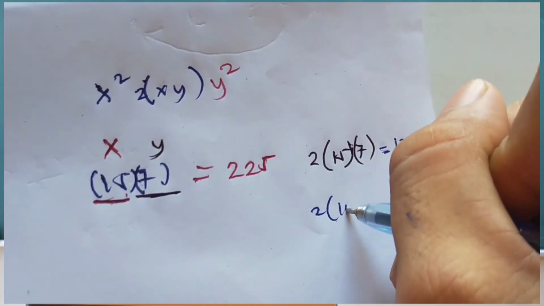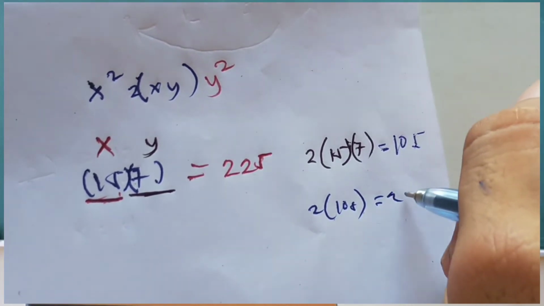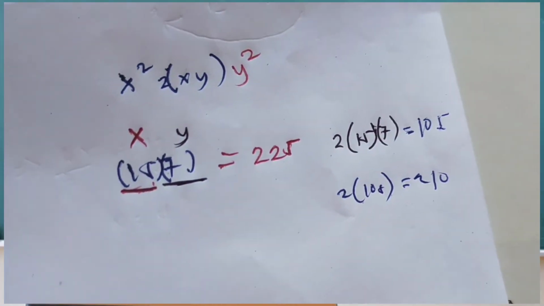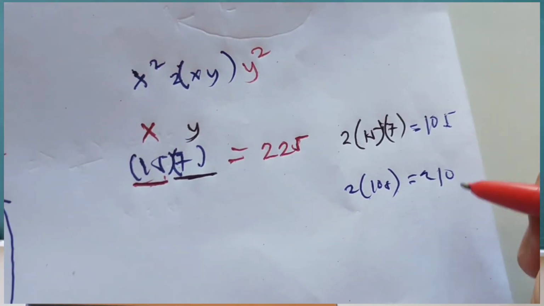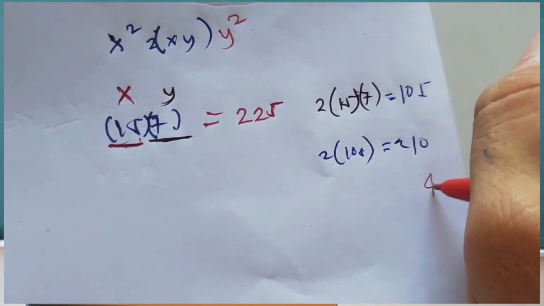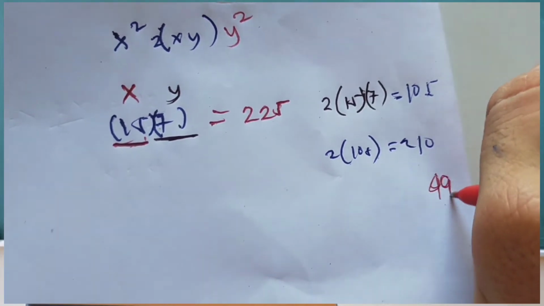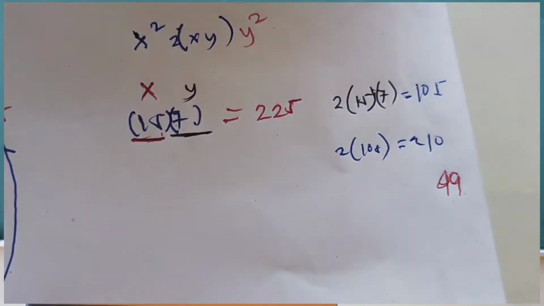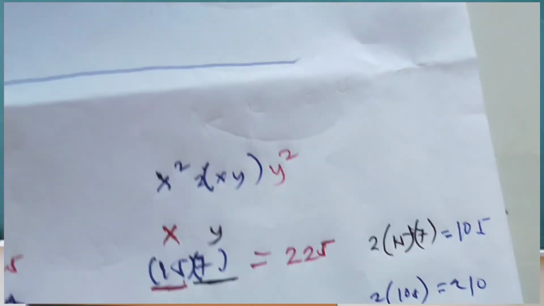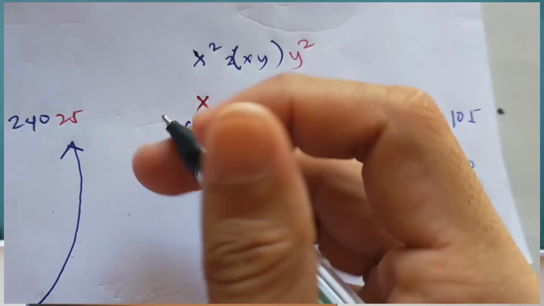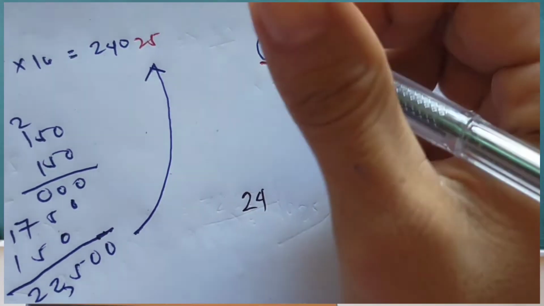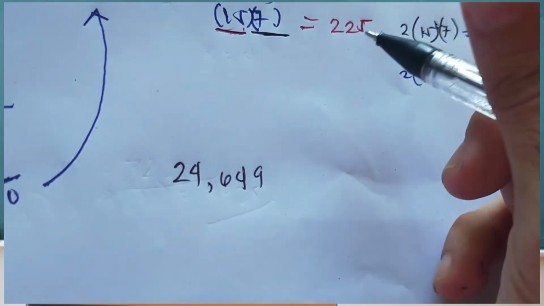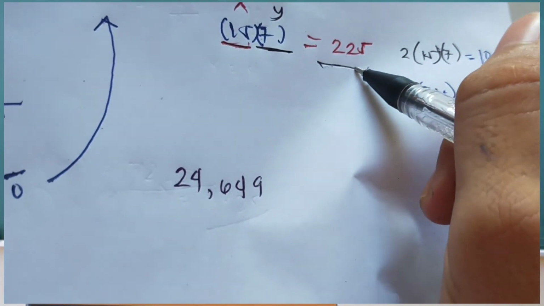So 2 times 105, we have 210. And then we are going to square 7. So that will be 49. So the answer for 157 squared will be 24,649.